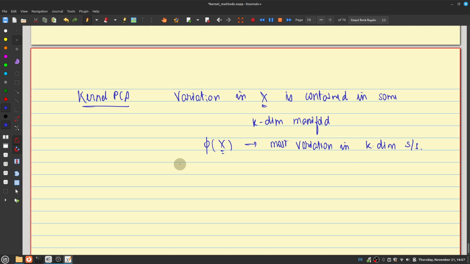So now again, let's assume that we are operating in the feature space. If we were to do standard PCA on the feature space, what would we require? For simplicity, let's assume that the feature space is finite dimensional. Then what I can do is look at the matrix Y, which is phi(x1) up to phi(xn).